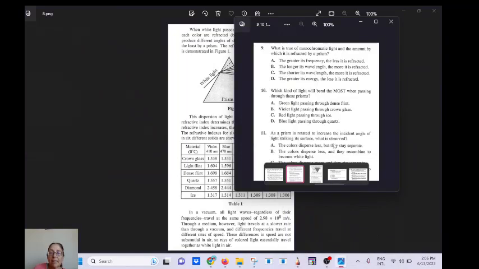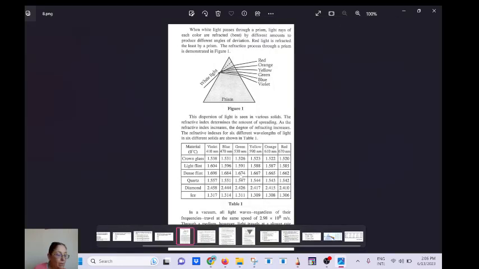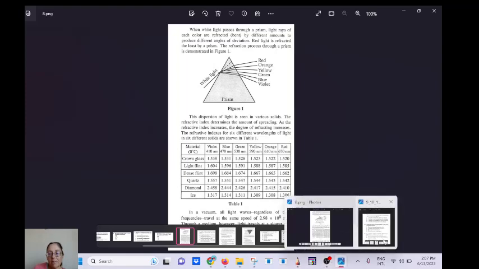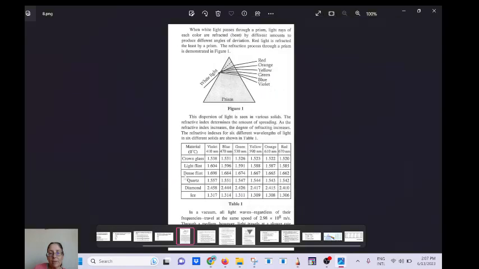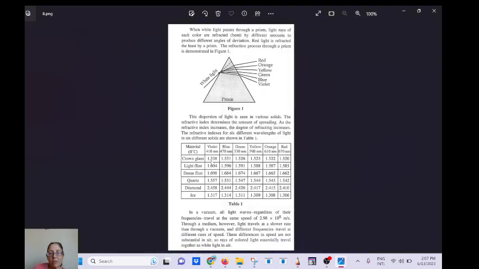So it says green, dense flint. So dense flint is here. Green, you have the index of refraction is going to be 1.674. So that's very large. And then violet crown. So violet is here. So that's going to be 1.538, which is smaller than 1.674.